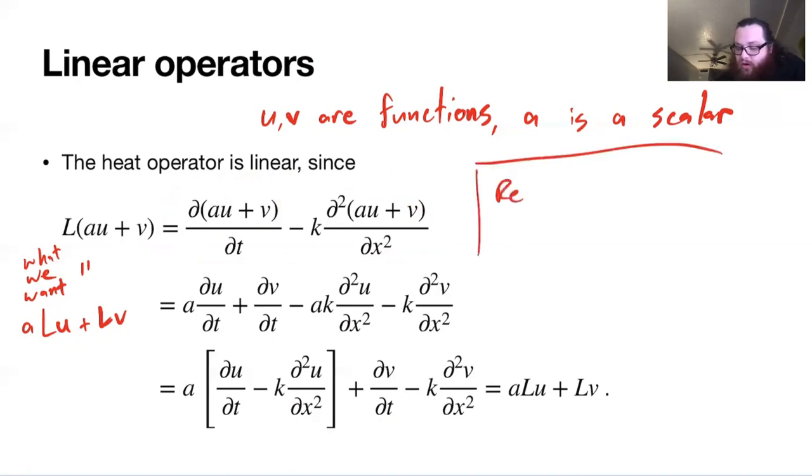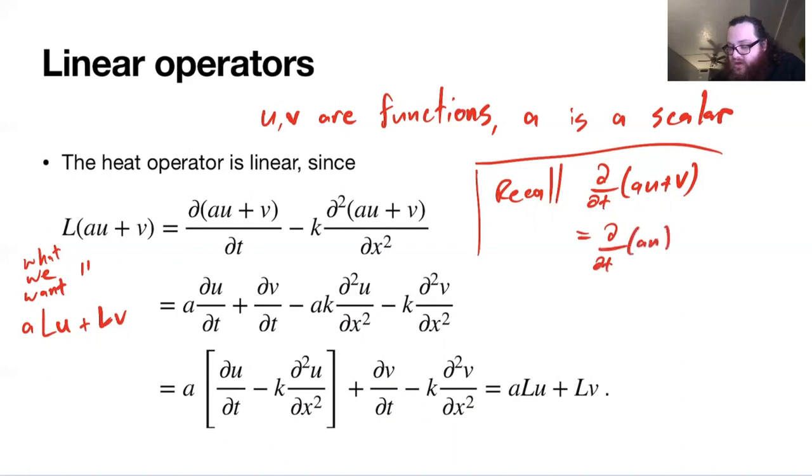So recall d/dt of Au plus v. The derivative of a sum of functions is a sum of derivatives: d/dt of Au plus d/dt of v.